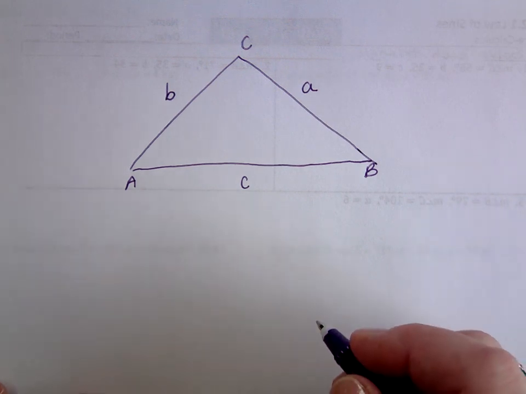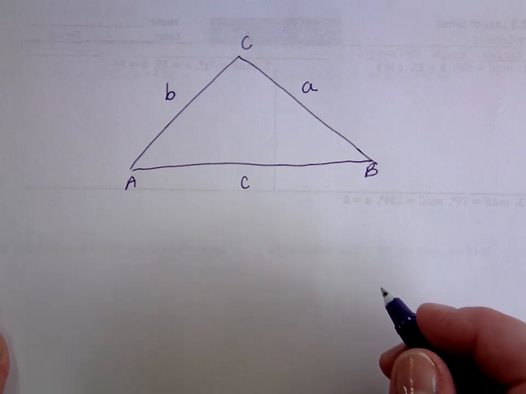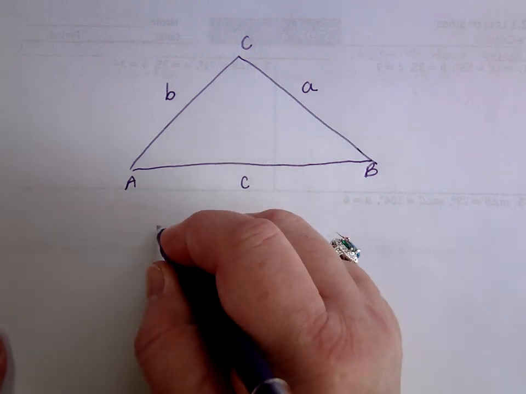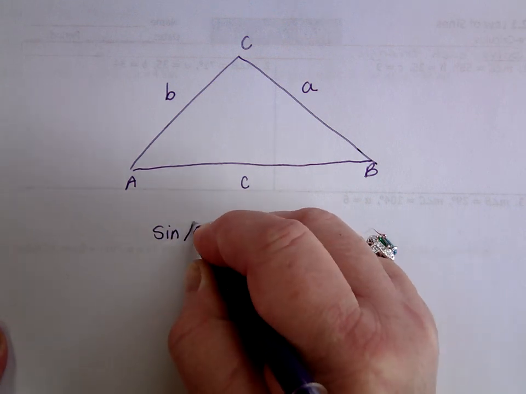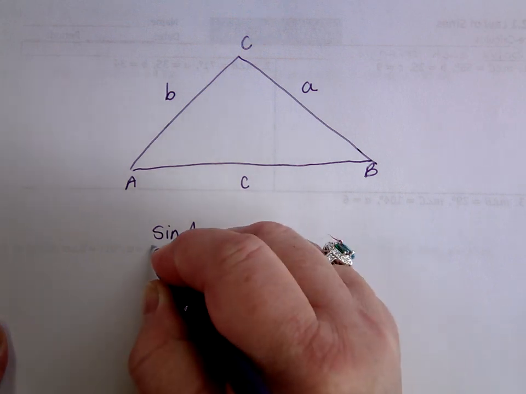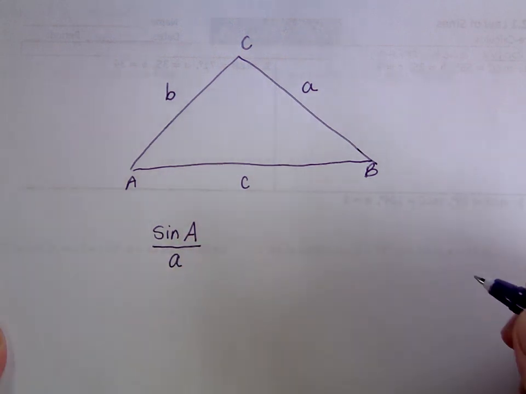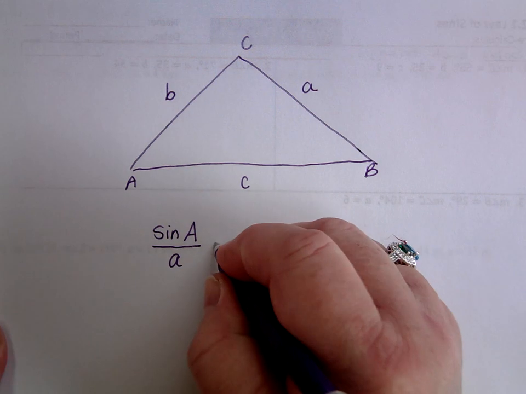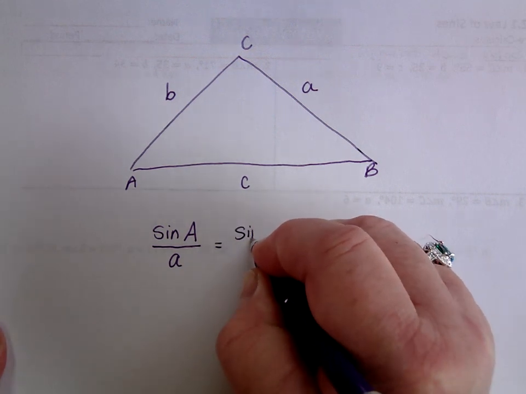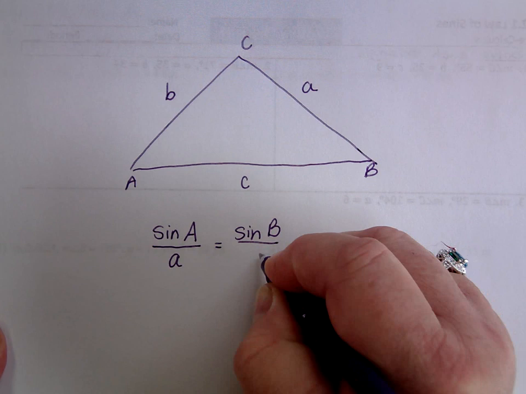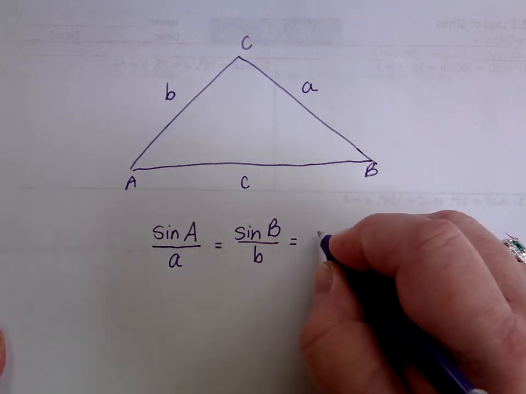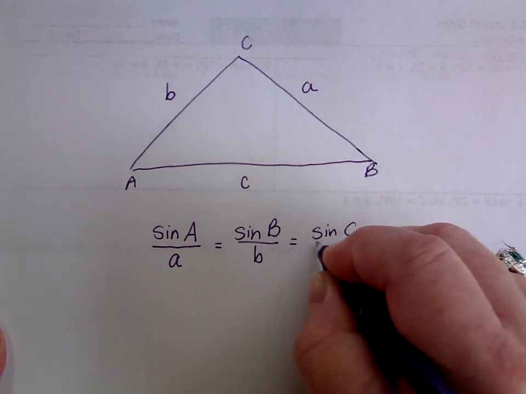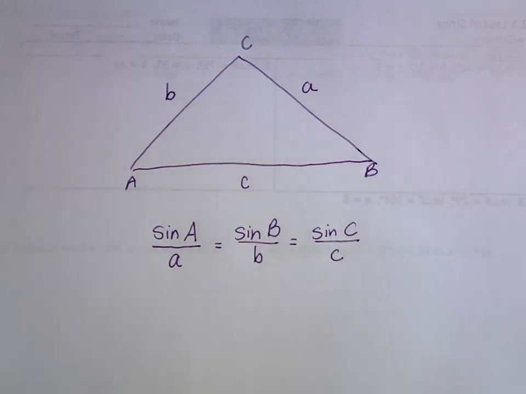In order to do this, here's what the law of sines says, and you're going to see the actual proof of this in the flip math video, but I'm going to give you the formulas because this section is all based on formulas. What it says is that the sine of angle A over little a, its opposite side, is going to be proportional with the sine of angle B over its opposite side, little b, and it's also proportional with the sine of angle C over its opposite side, little c.